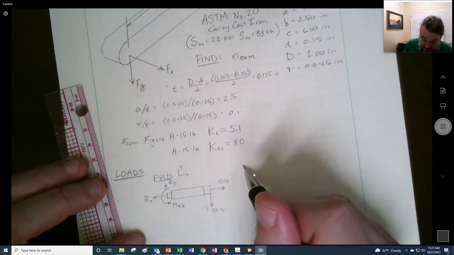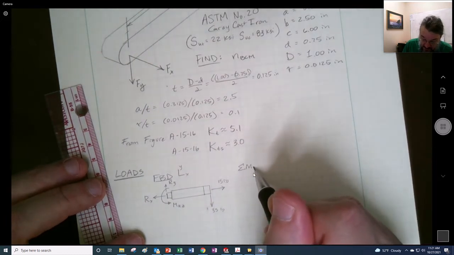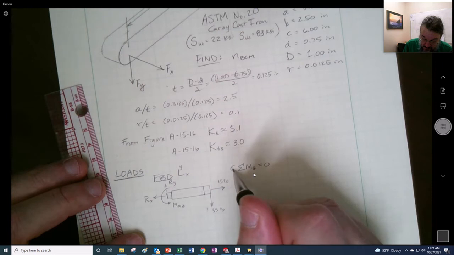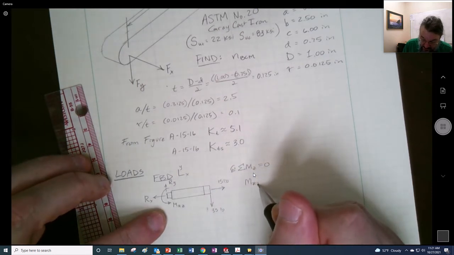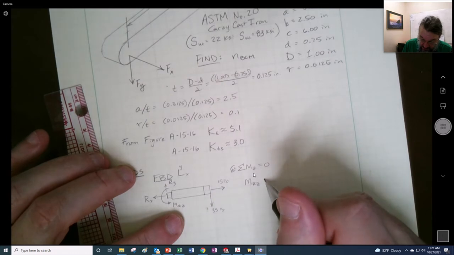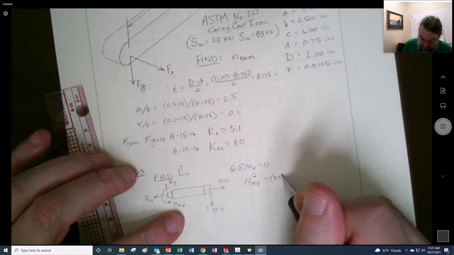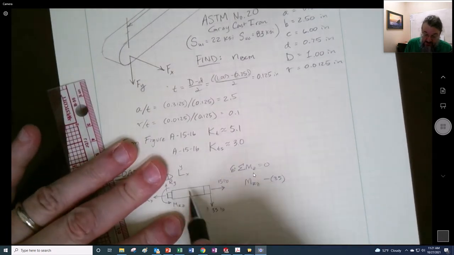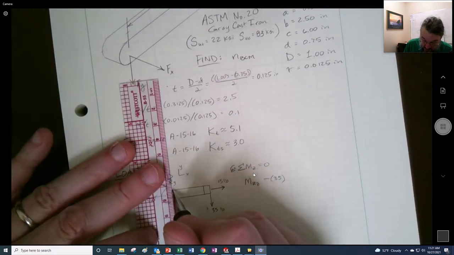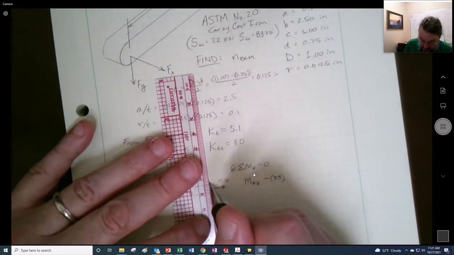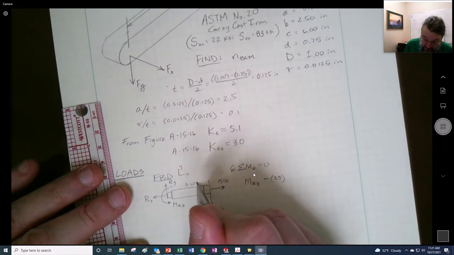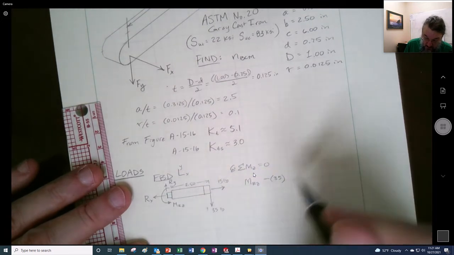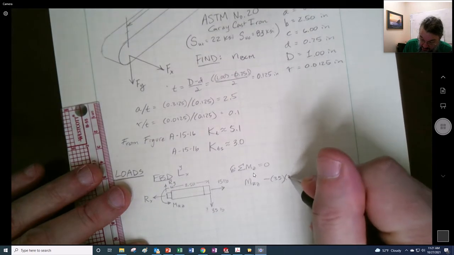All right, so summation of moments about z is going to be the reaction moment, right? That's the thing we want to find, minus 35, and that distance is b right here. I guess I'll kind of try to put it in there. And that distance should be 2.5 inches right in there.